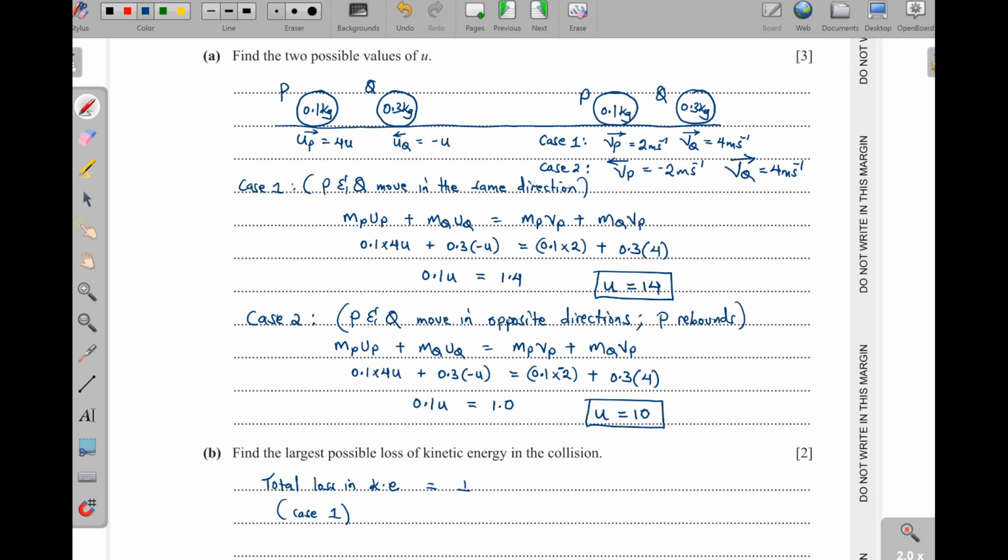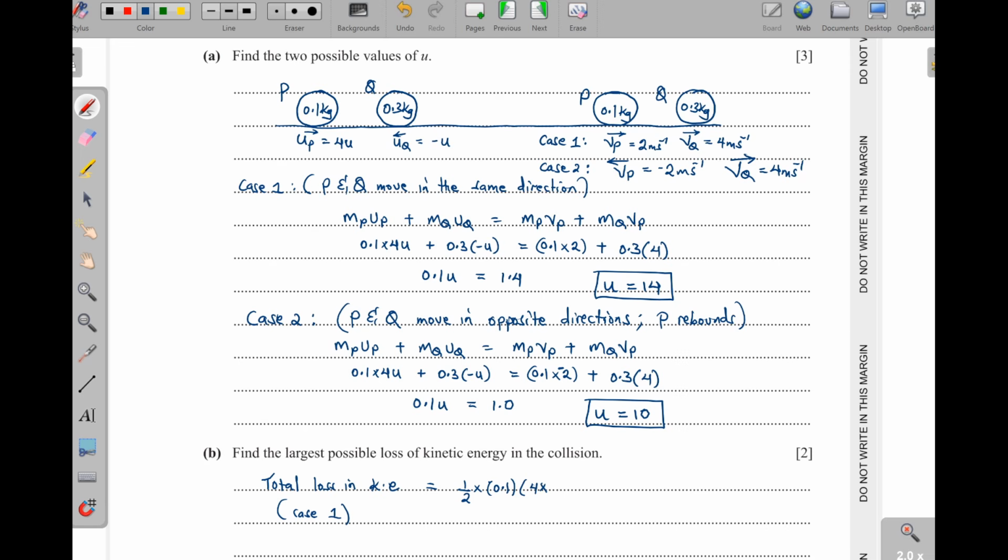Total initial kinetic energy, we shall have a half times the kinetic energy in relation to P. So we shall have a half M, the M is 0.1, and then its velocity is 4U.